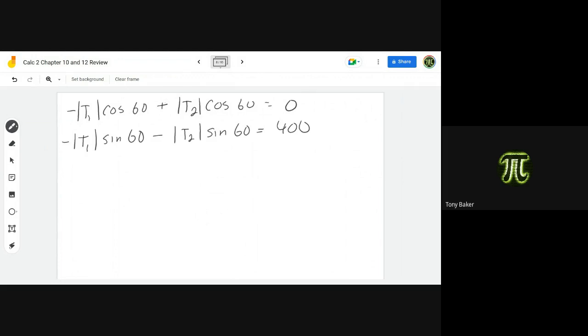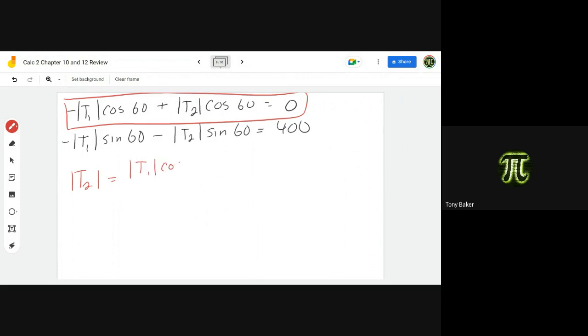So we can solve the first one. If we take this first one right here, I can solve it for T2. So T2 equals T1 cosine 60 over cosine of 60.